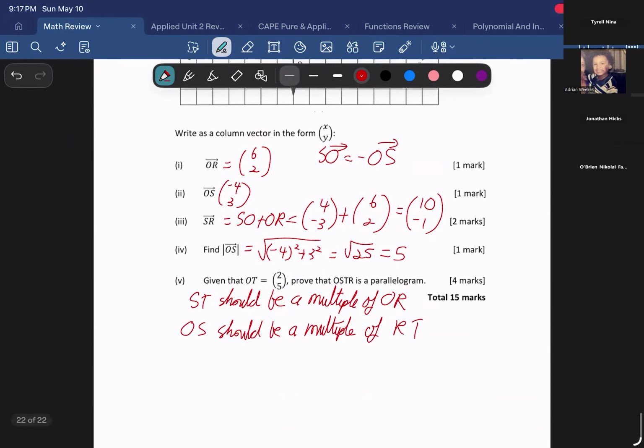So let's find ST. I'll do it both ways. You only need to do it one way in exams, but I just do it both.